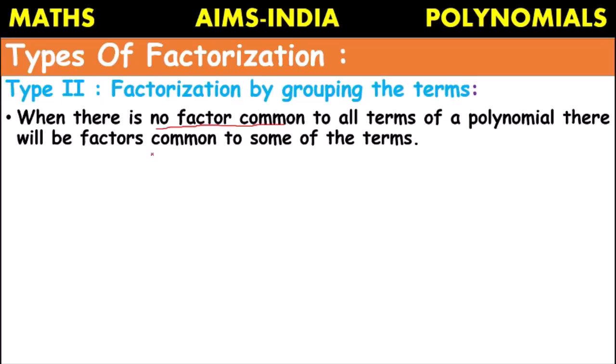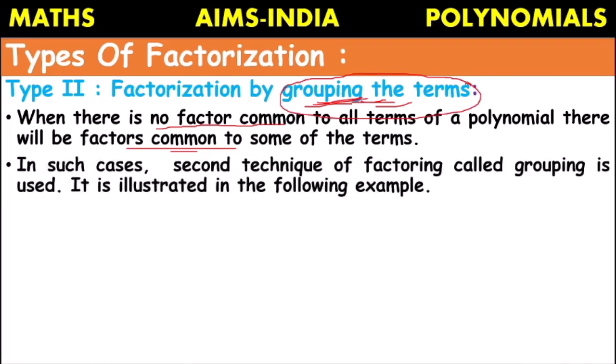For some of the terms common factors may be there. We have to group them, then take the common term out. So the second type is factorization by grouping the terms.